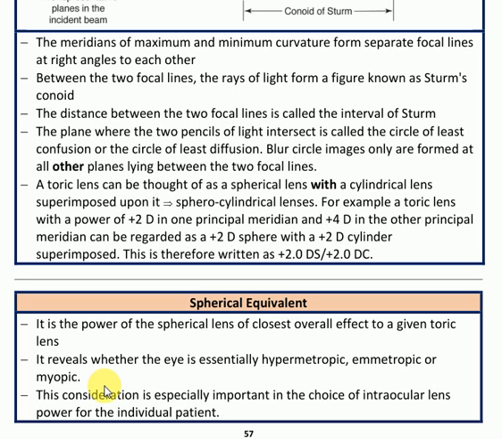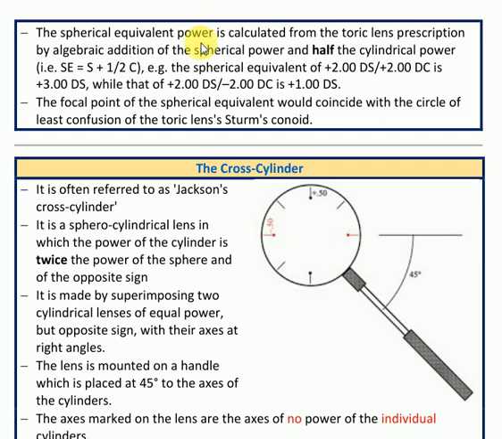This consideration is especially important in the choice of intraocular lens power for the individual patient. The spherical equivalent power is calculated from the toric lens prescription by algebraic addition of the spherical power and half of the cylindrical power. Spherical plus half cylinder.